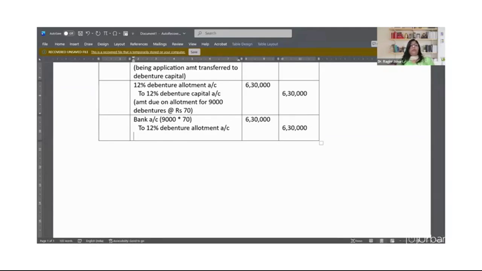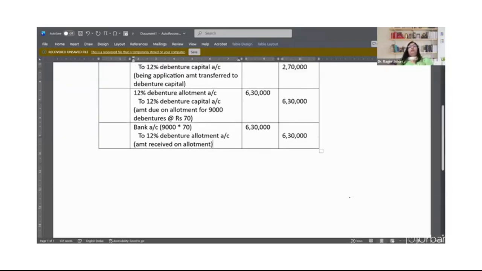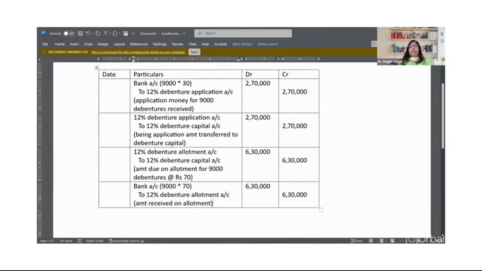The narration at this point will be: amount received on allotment. So this way we have completed the issue of debentures entry.